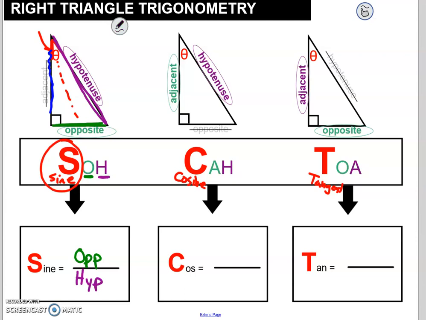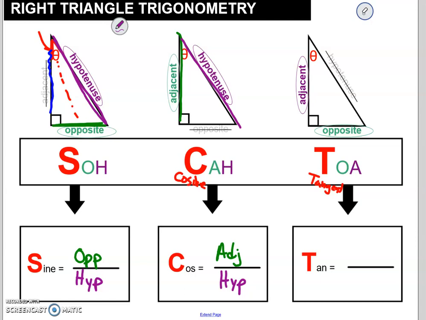Now we use kind of this acronym that helps us remember this. The acronym is SOH, S-O-H. The sine is the opposite over the hypotenuse. We can do the same thing when we look at the cosine. We call that CAH, C-A-H, because the cosine compares the length that is the adjacent side as the numerator compared to the hypotenuse side as the denominator.